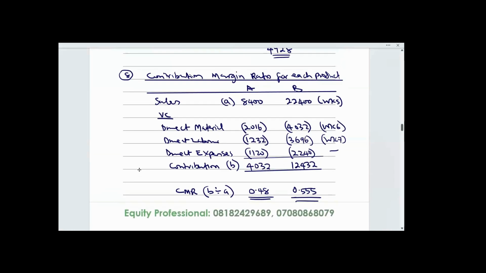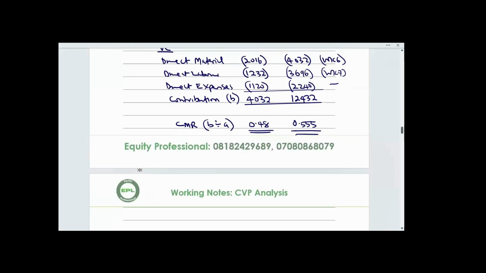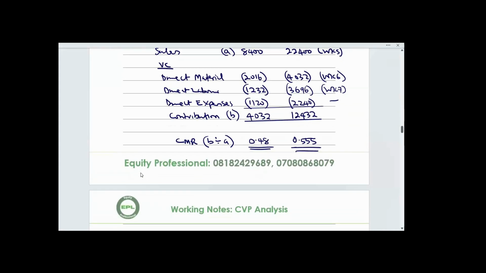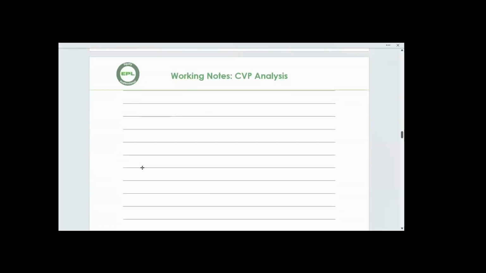Now that you have the contribution margin ratios, you can go ahead to calculate composite contribution margin ratio. I repeat, the reason we calculate it is because in the question the examiner has given us the proportion of each product.